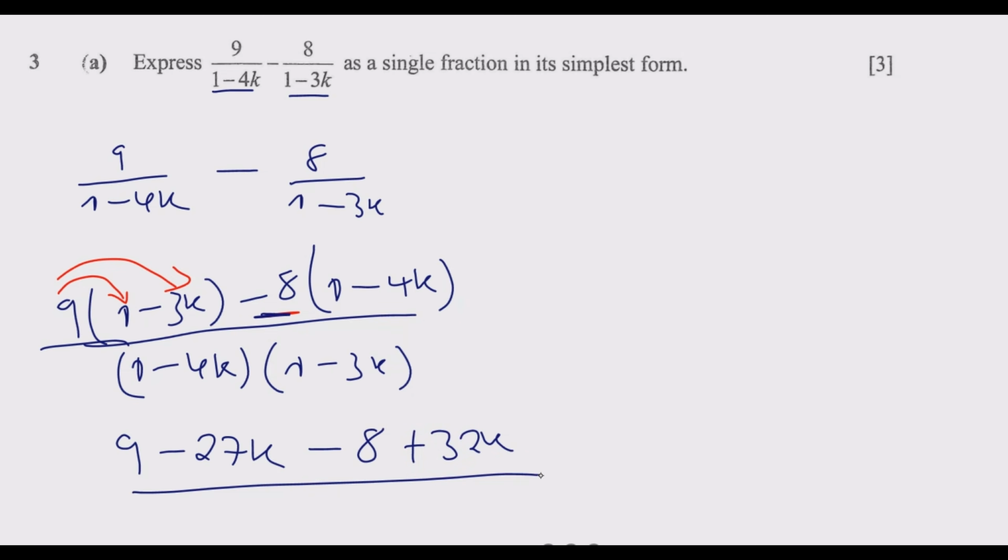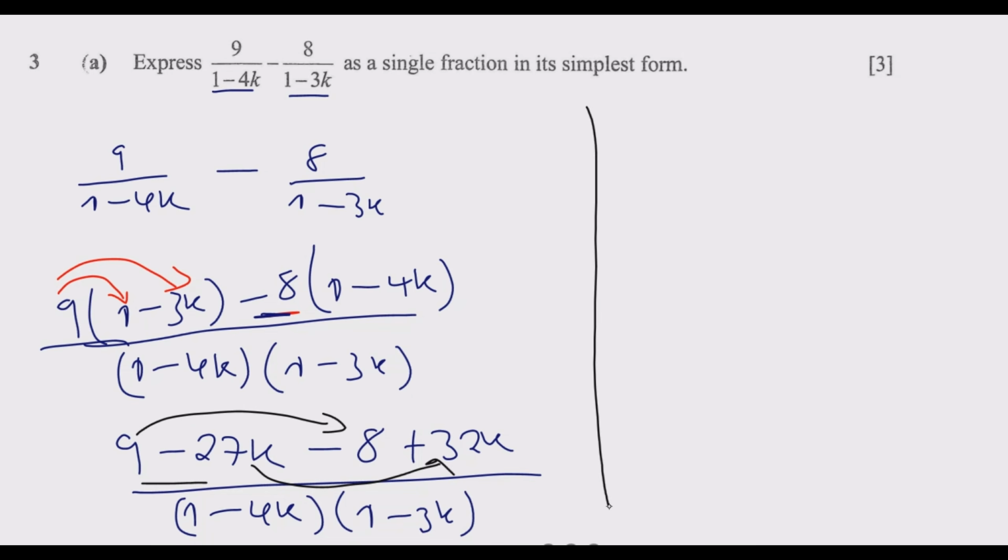Then over the whole thing, 1 minus 4k multiplied by 1 minus 3k. We note that the like terms go together. So it will be 9 minus 8, which is 1.